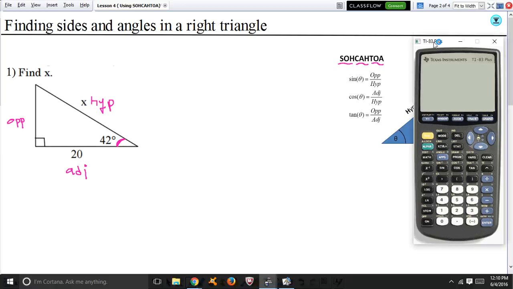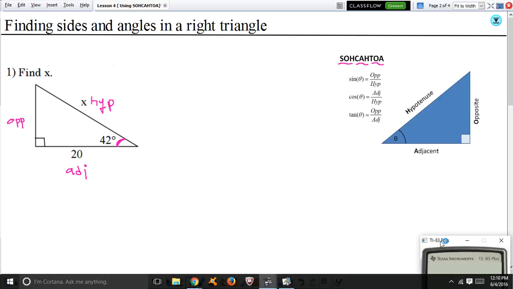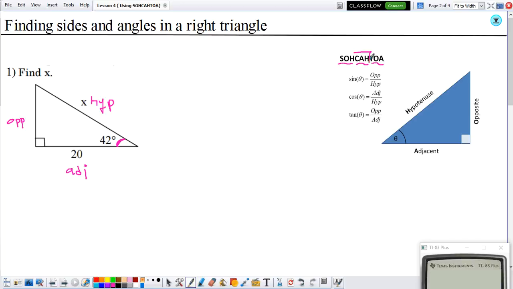So if we come here and we look at our triangle, if we have the adjacent and we want the hypotenuse, we know that Cah talks about adjacent and hypotenuse. So that means that we're going to be using cosine, because cosine is the only one that talks about adjacent and hypotenuse.